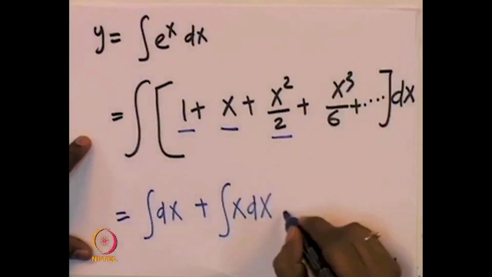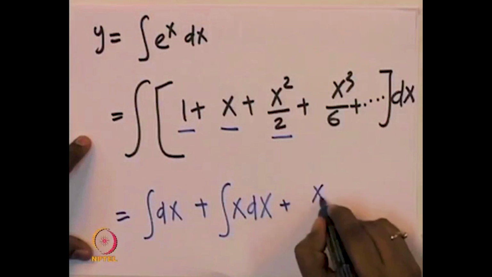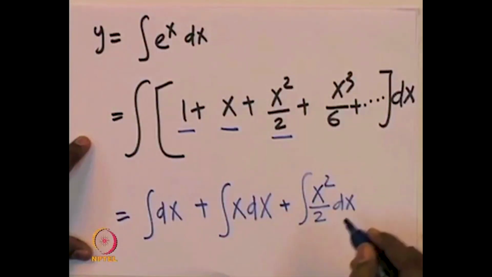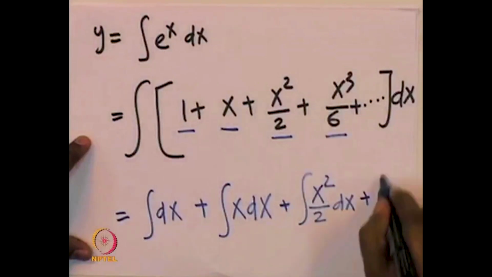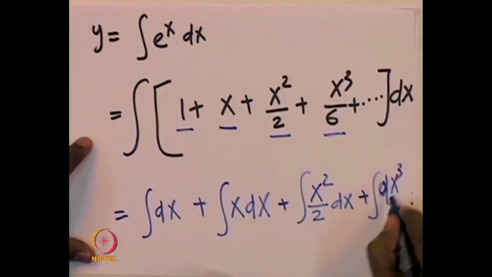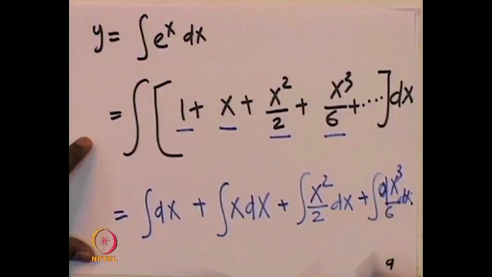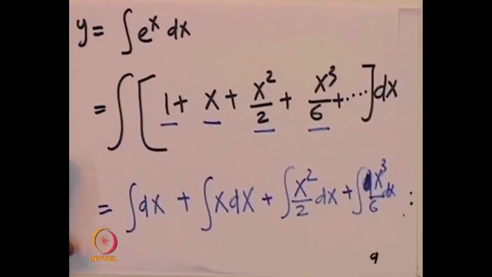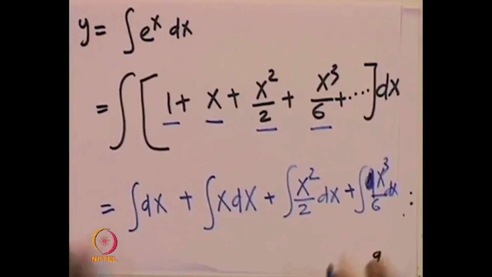The third term is integral of x square by 2 dx, and the next term is integral of x cube by 6 dx. If we find the integral of each of these terms, you will get the final answer. Let us have a look at what is the integral of each of these terms.